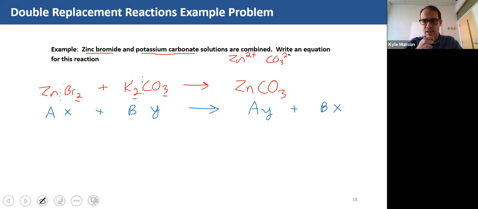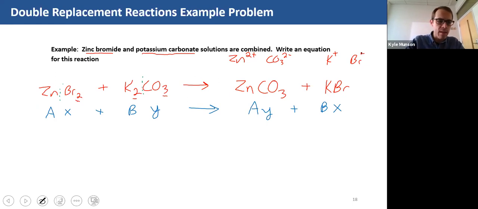Zinc carbonate. Plus potassium bromide. Now, potassium has a +1 charge. Bromide anion has a 1- charge, right? So those charges also cancel out and the formula unit is net neutral.